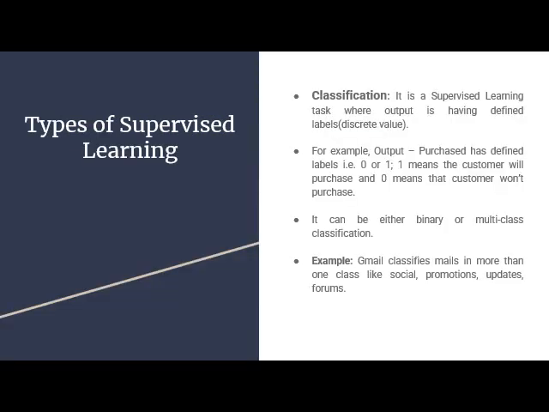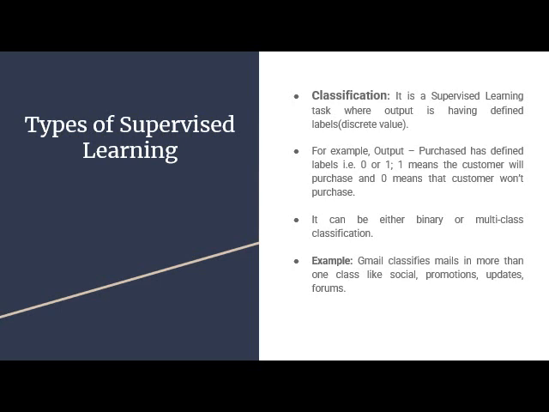So now we come to the types of supervised learning algorithm. First is the classification. It is a supervised learning task where the output is having defined labels, means discrete values. For example, if we have the output that purchased has defined level, means 0 or 1, we have to define the purchase, means whether the customer will purchase the product or not.